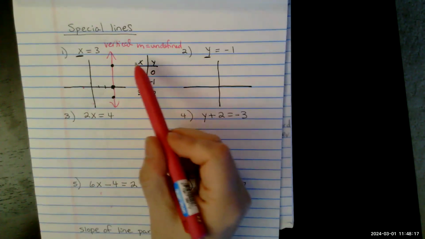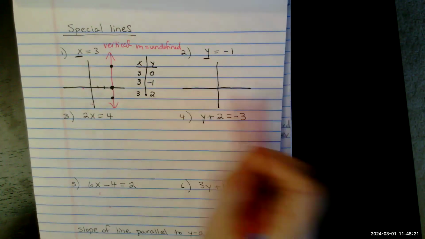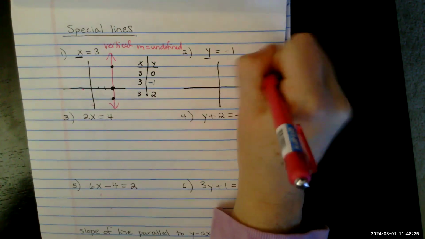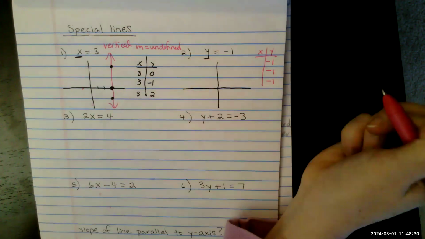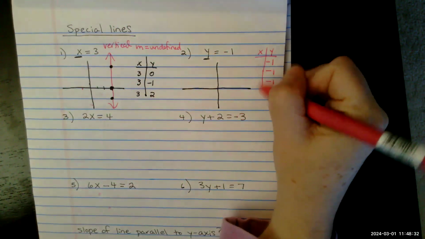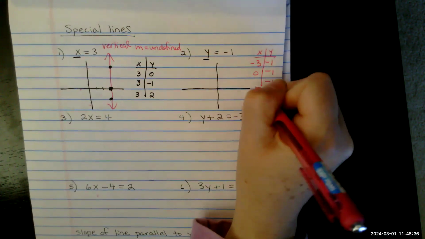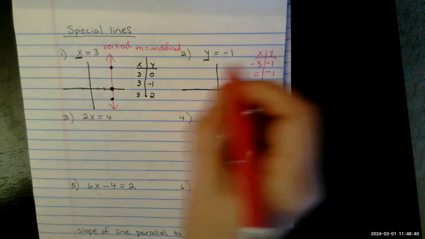So that's one special line. The other special line is if there's only a y. Well, you could probably guess that this is going to be the opposite type. But again, just to show you why it works, in this case, all we know is the y. So y is always going to be -1 no matter what the x is. So again, I could try to just make up a few to make sure I understand what this is going to look like.